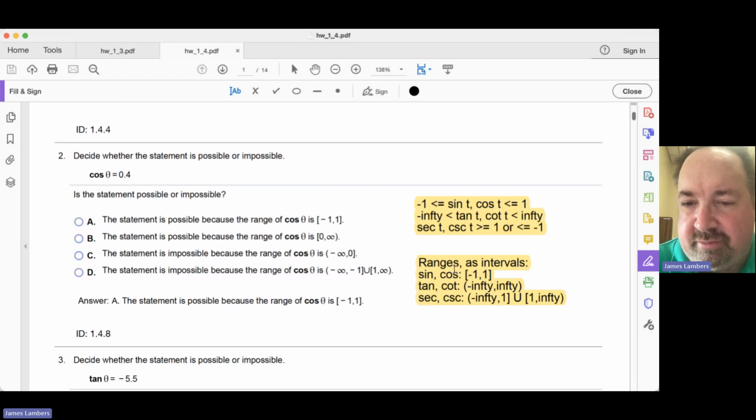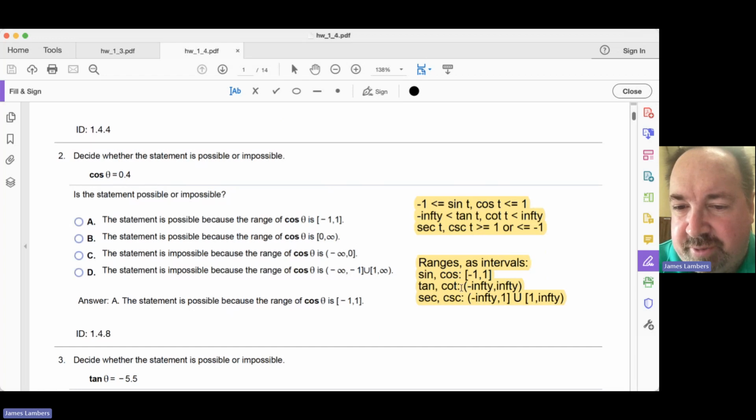So because for sine and cosine, the range is all values less than or equal to 1 and greater than or equal to -1, we use square brackets. So it indicates that -1 and 1 are included in the range. With infinity or minus infinity, you always use a parenthesis because infinity is not a specific number, such as 1 or -1.